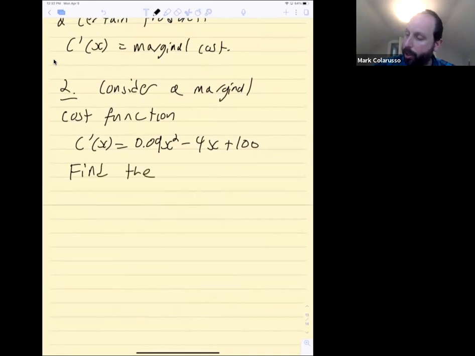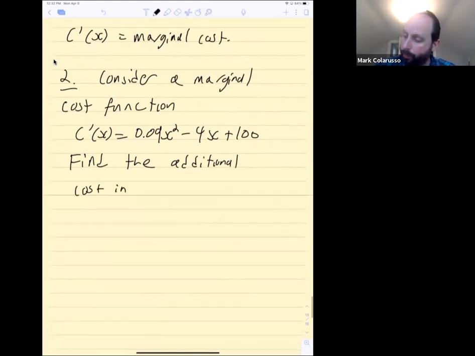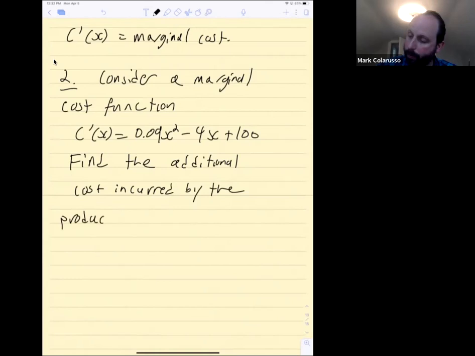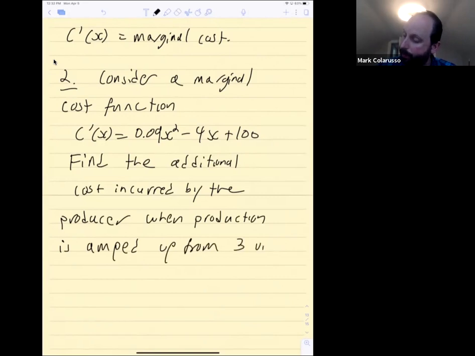Find the additional cost incurred by the producer when production is amped up from 3 units to 19 units.